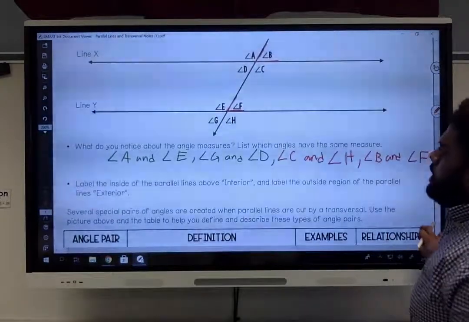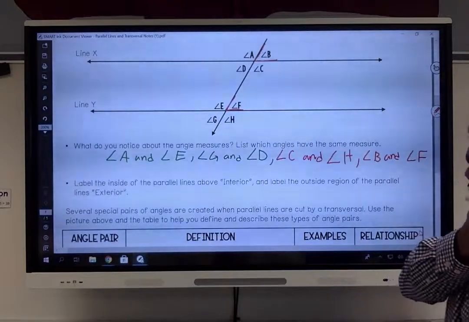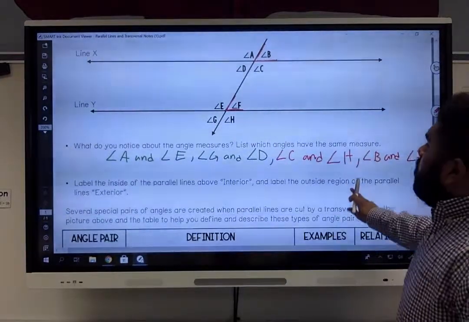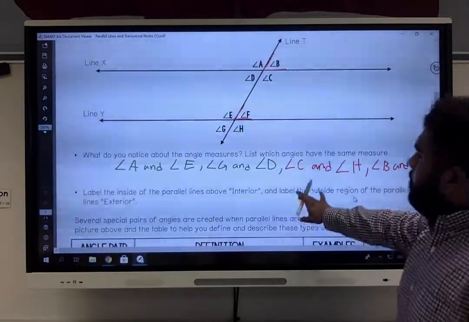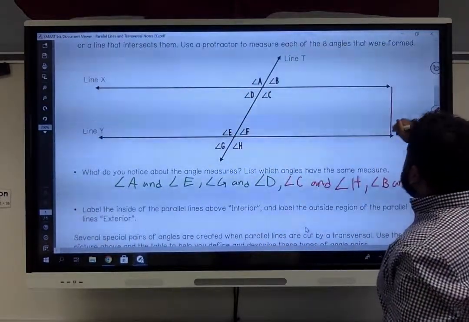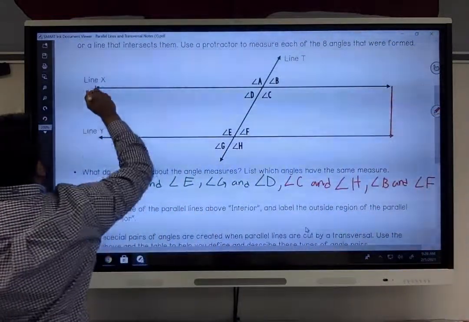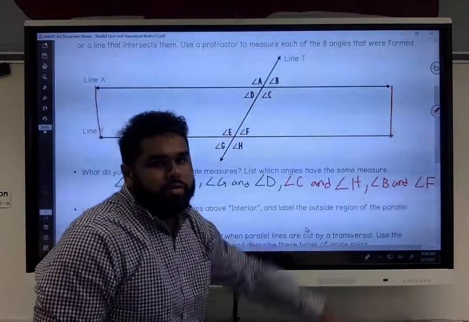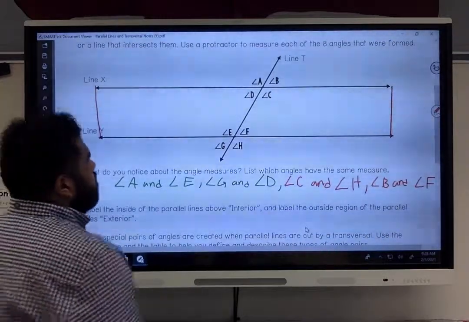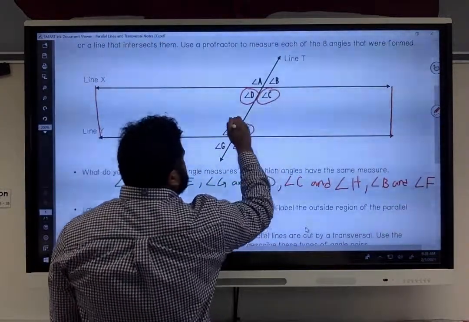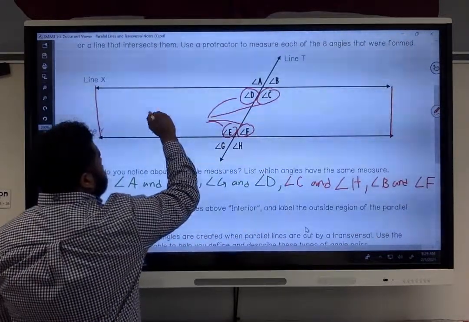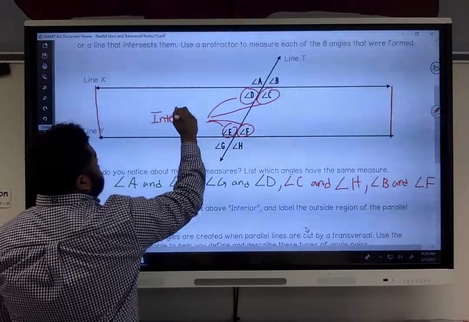Label the inside of the parallel lines interior and label outside the region of the parallel lines exterior. Imagine if you close these two lines together and make a box, like a rectangle. What would be inside the rectangle? All of these angles are going to be your interior.